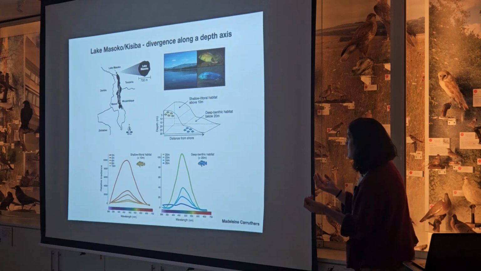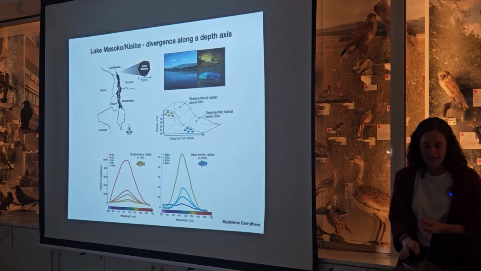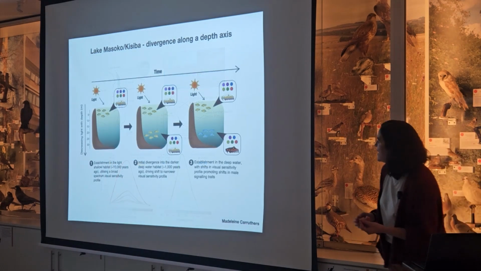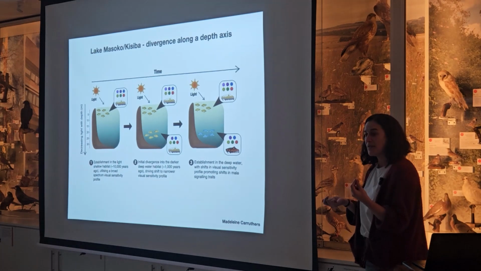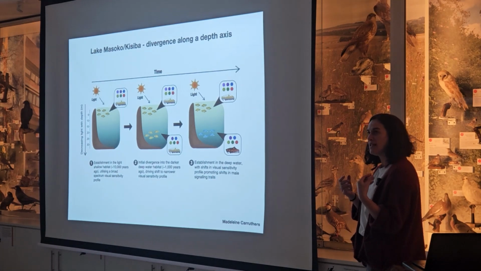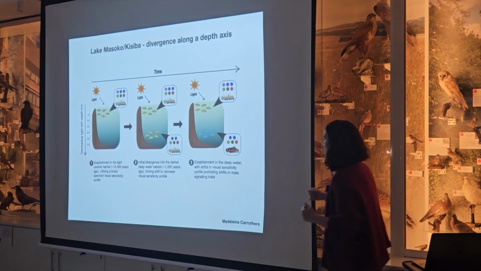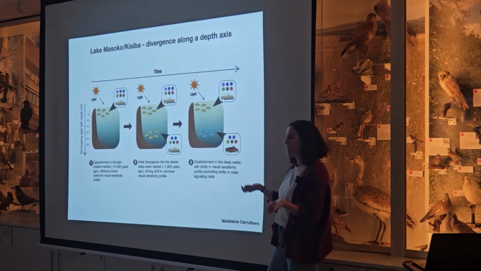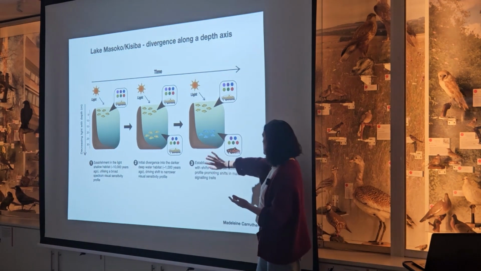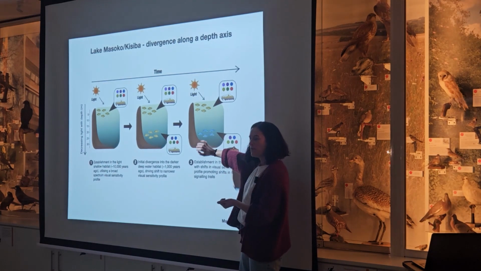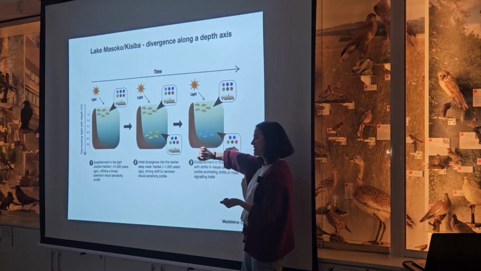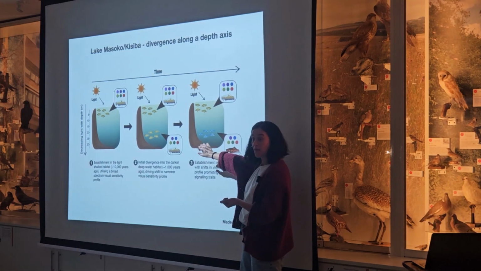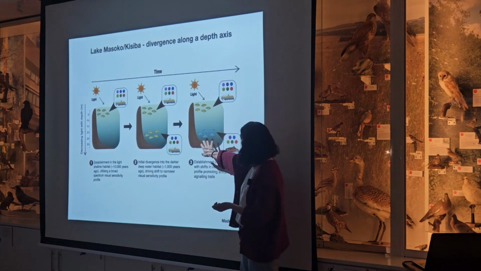And so what this system allows us to do is to see how these species adapt, and why they are adapting, because the two environments are drastically different. They have to adapt to this dark, cold, low oxygenated environment, and very different in terms of prey or diet, for example.